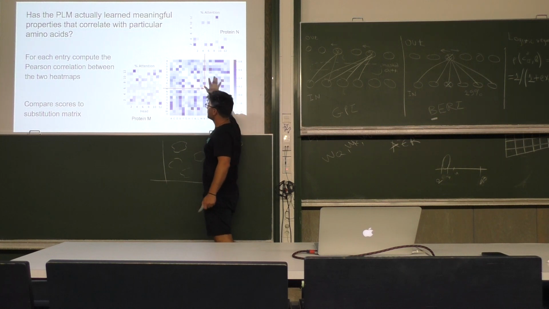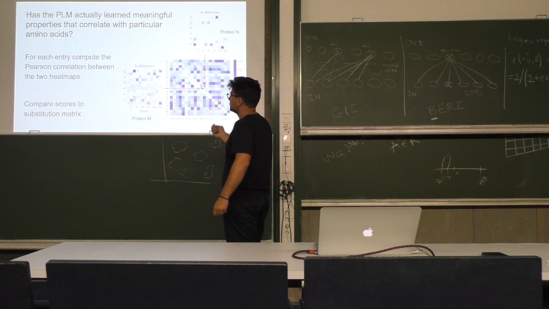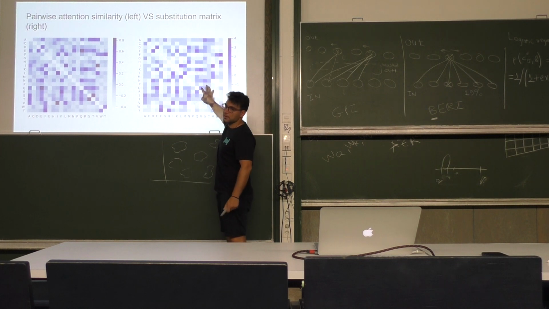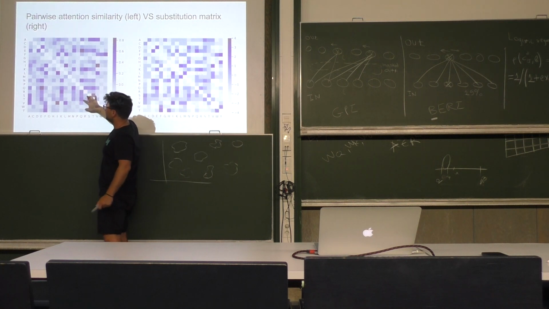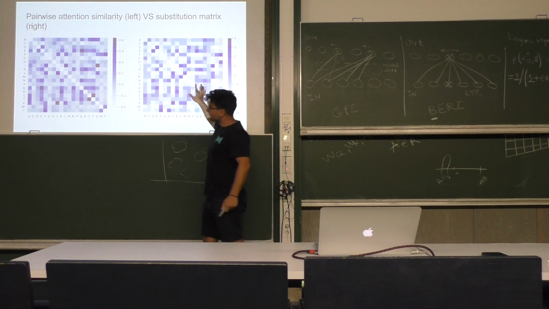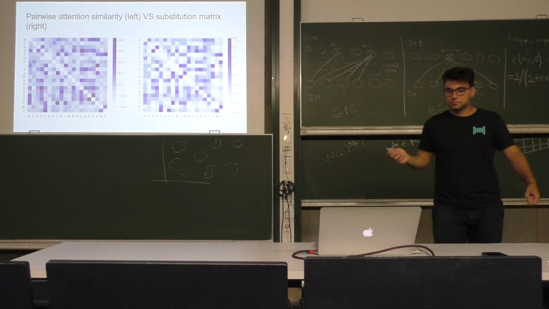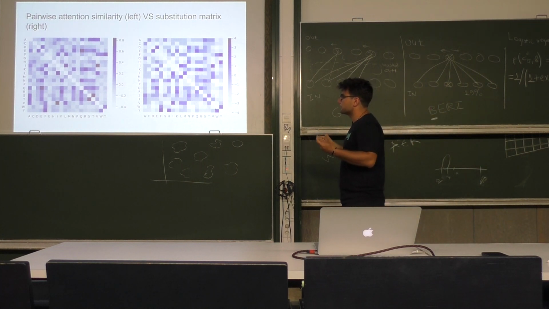And they compare this one to the so-called substitution matrix, which is one you get from bioinformatic analysis based on statistics and analytical methods. And this is the one based on the transformer. And they saw that you get a similar qualitative perspective or image.